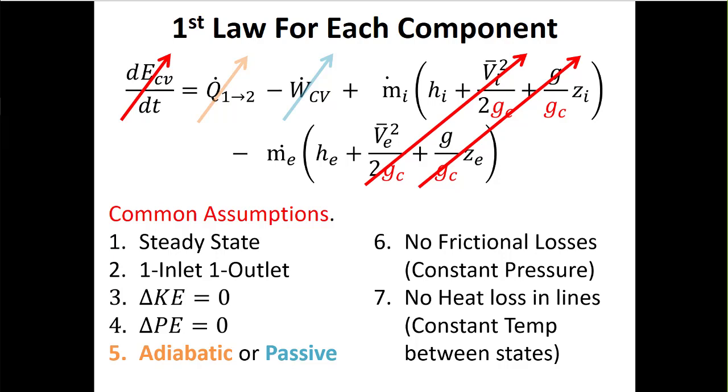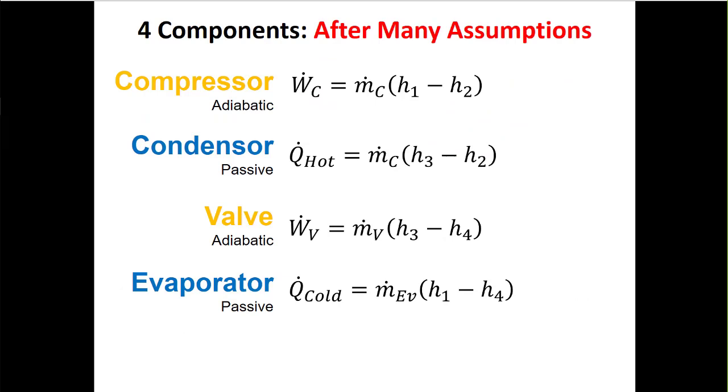Or hopefully that we're coming to remember for W dots and Q dots. Here there's 4 components, so there's 4 different equations that I'm interested in. The compressor, which is consuming power, is going to be m dot times h in minus h out. The valve, at least for now, because I know that heat transfer is not important in the valve, but I do have that pressure change, so maybe I'm producing power in the valve. So I'm also going to model that as m dot times h in minus h out.